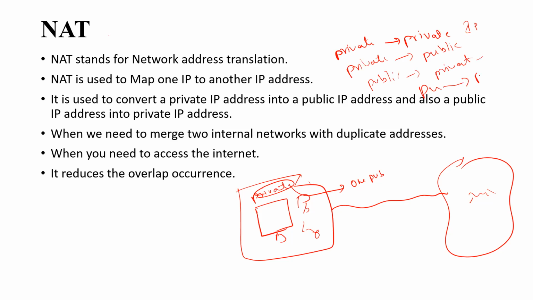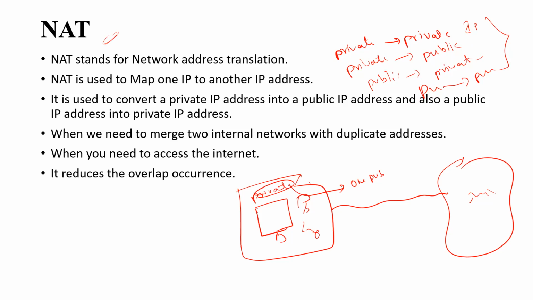Any of these is possible. So conversion or mapping of one IP address to another IP address is called NAT. The context here is the mapping of one IP address to another IP address.